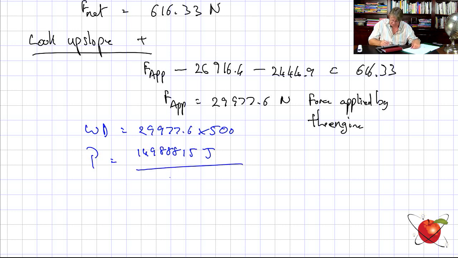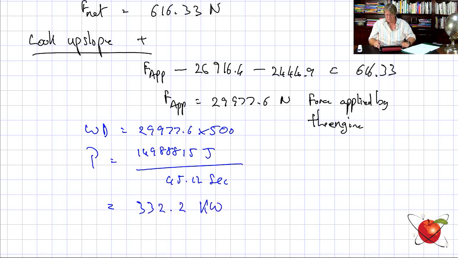Divide that by 45.12 seconds. It's the same as previous, okay? And that gives us 332.2 kilowatts. There you have it, right? So in these problems, whether they're going up or going down, the slopes of vehicles, just approach it in that way. You are familiar with it, right? So it makes a lot of sense.